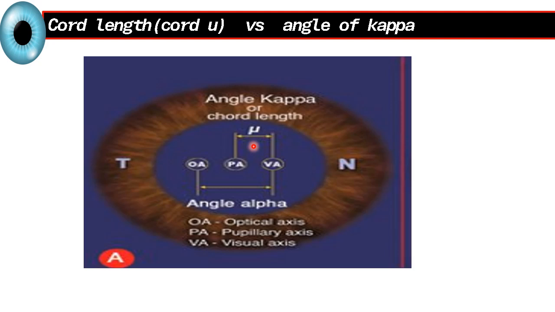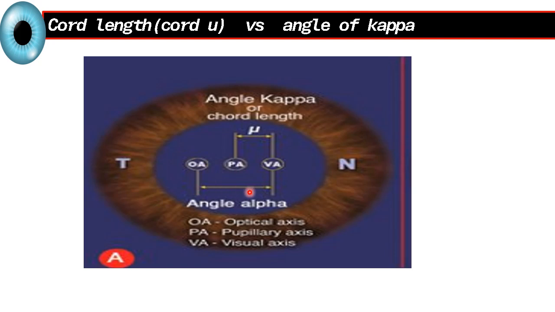Another thing that I didn't speak about is the angle alpha. The angle alpha is the angle between the visual axis and the optical axis. That's the imaginary line that divides the eye into two equal halves. In topography, the optical axis is measured by taking the midpoint of the horizontal white-to-white diameters.